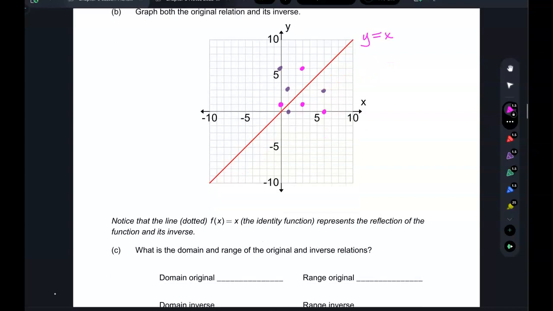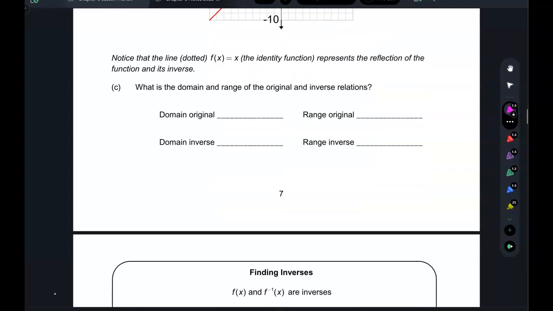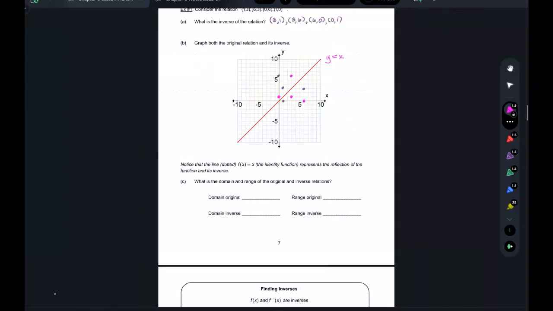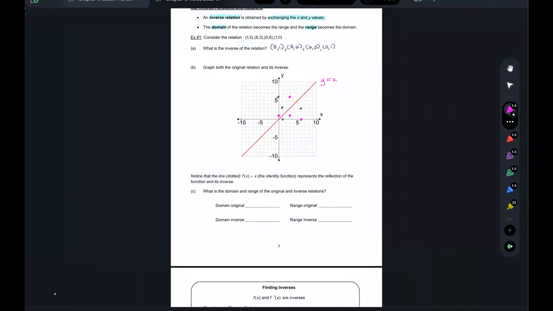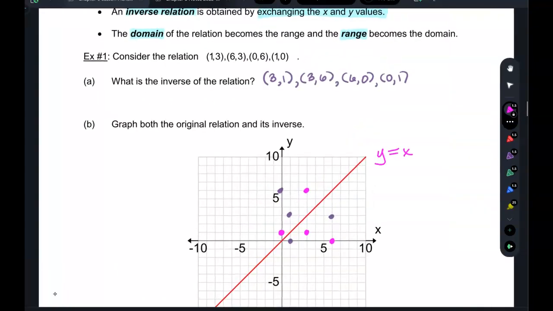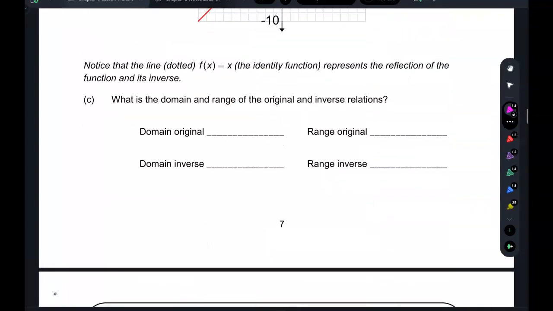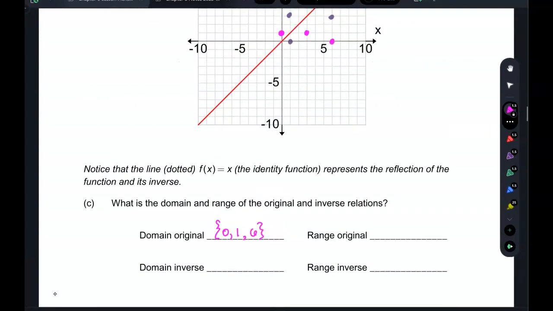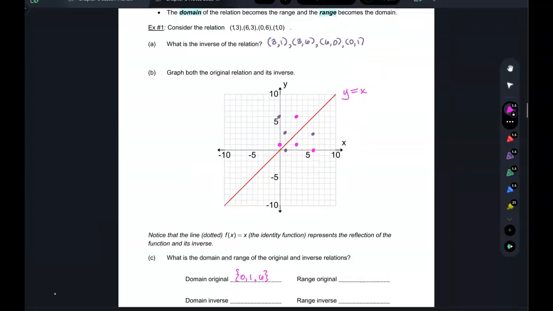Okay. What's the domain and range of the original? Let's look at the original. The domain is 1, 6, and 0, so I'll list it as 0, 1, and 6. What's the range of the original? Sorry, I'm looking at the wrong ones.